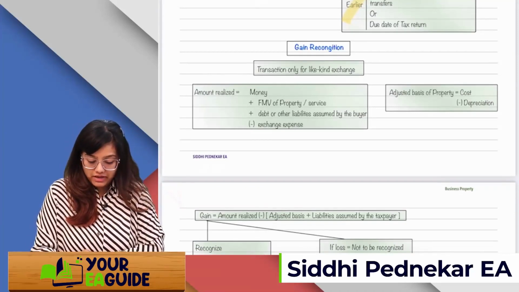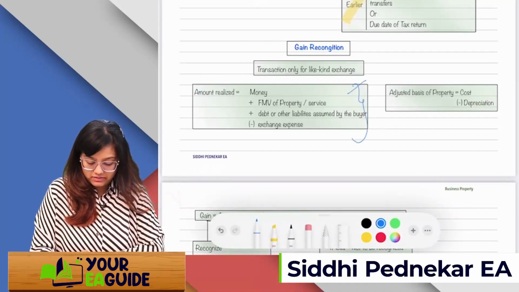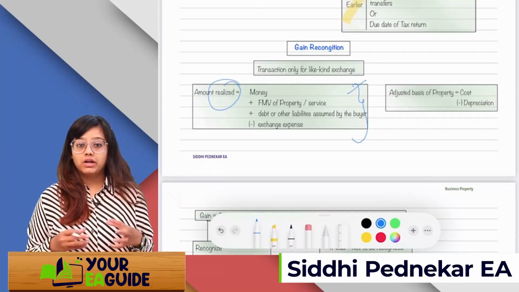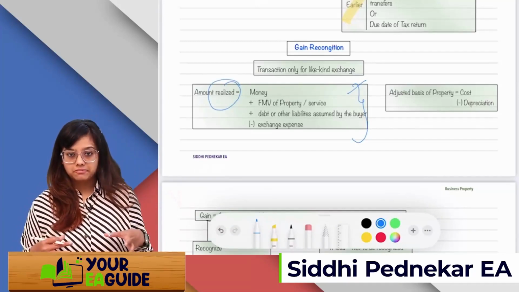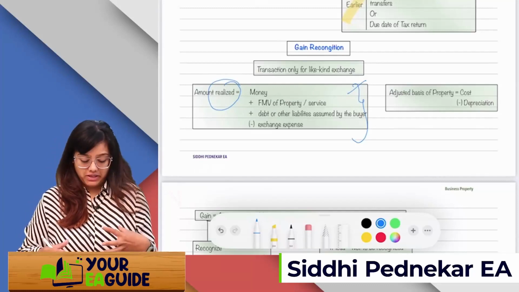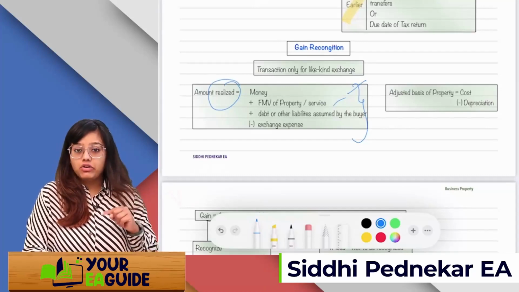Whatever benefit you are receiving, if you have received money, take it. Take the money which you are receiving along with the FMV of the property which you are receiving.